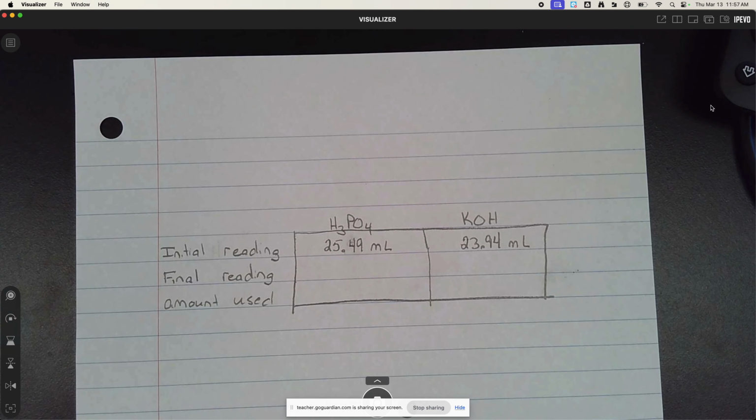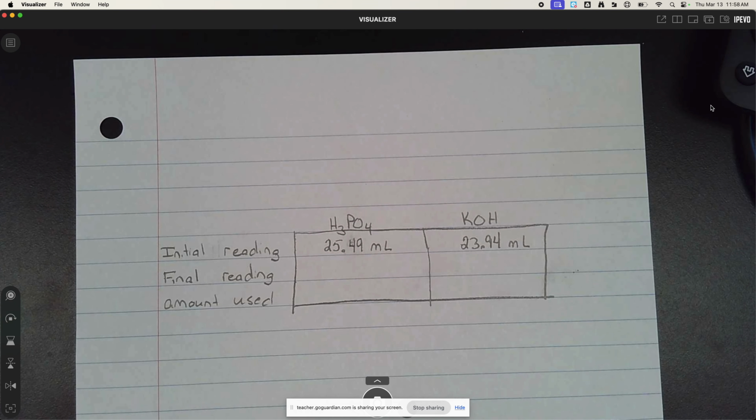Still clear. That'll probably do it. There we go. Very, very, very pale pink.